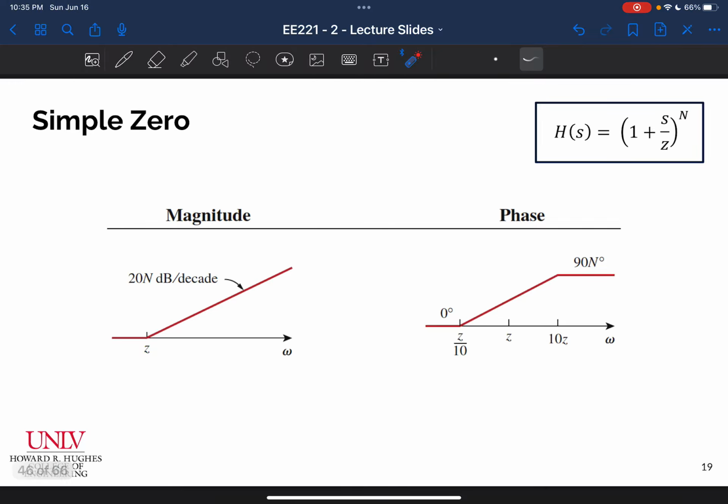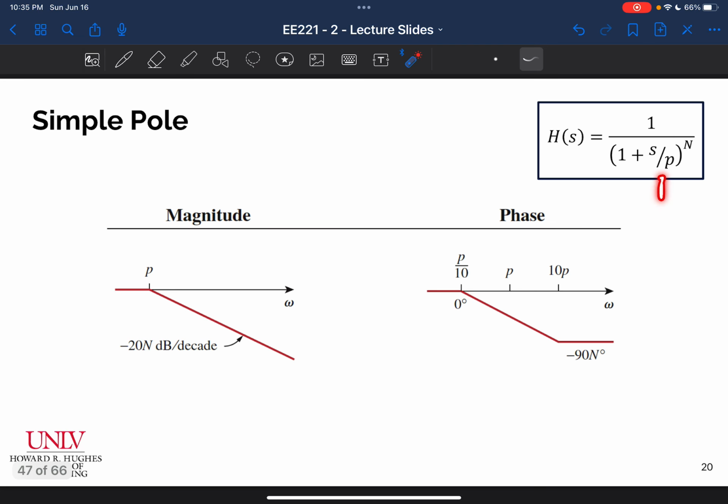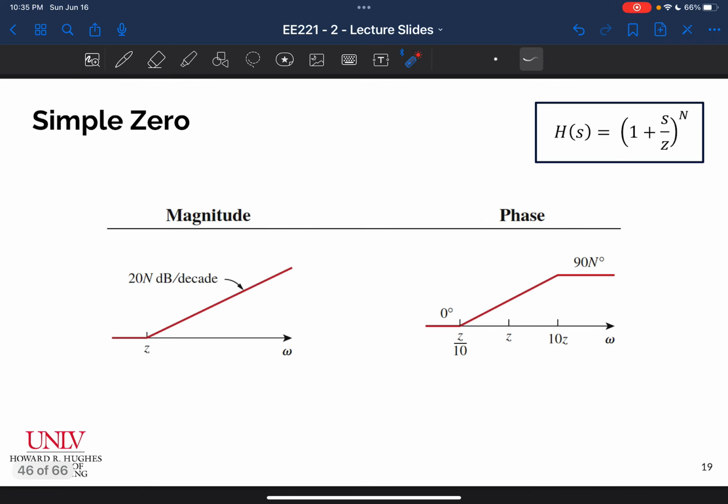Okay, the simple zero and the simple pole are basically the same thing as the origin zero and the origin pole. The only difference is that instead of just defaulting to 20 dB per decade and defaulting to 90 degrees, they have a starting point of 0, and then at the frequency, or the omega value, of the zero, which in this case is here, that is where the 20 dB per decade begins.